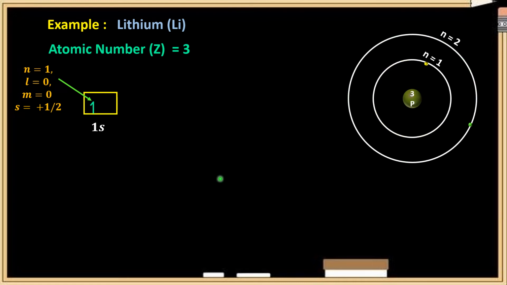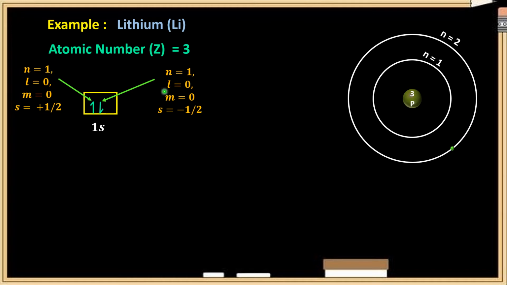Now, let us take the second electron. This is the second electron I placed in the same 1s orbital. Now, the 4 quantum numbers for this electron are n equal to 1.